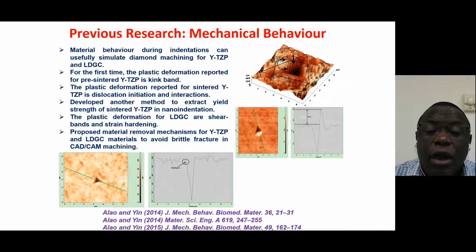You can see what a kink band is. A kink band is a plastic buckling process in which there is a generation of a parallel pair of dislocations on a slip plane. You can see, because the material still contains some porous structure, there will be movement of atoms during indentation.